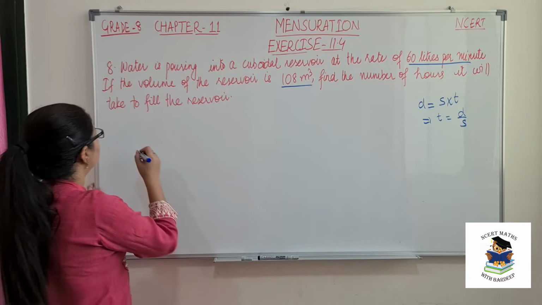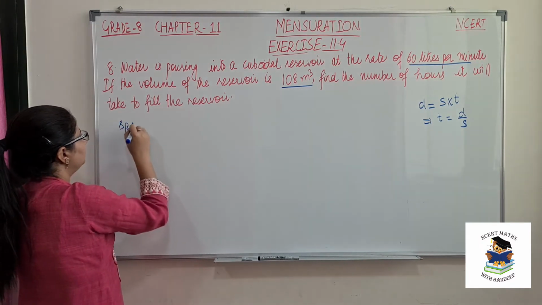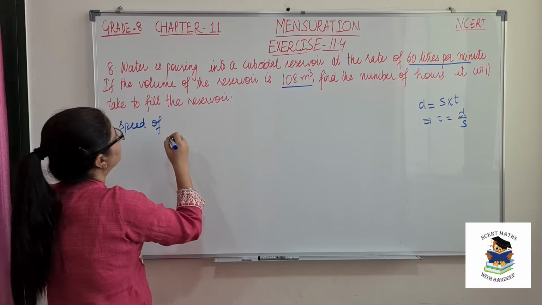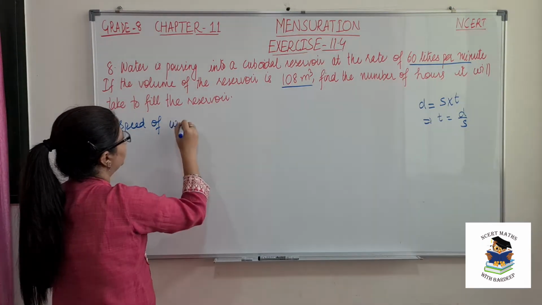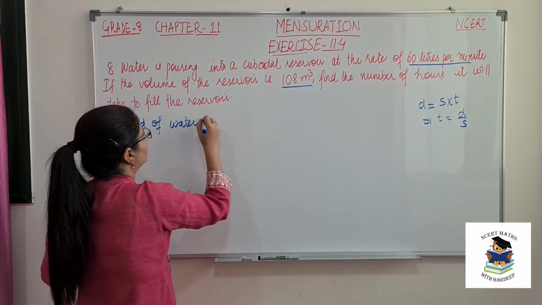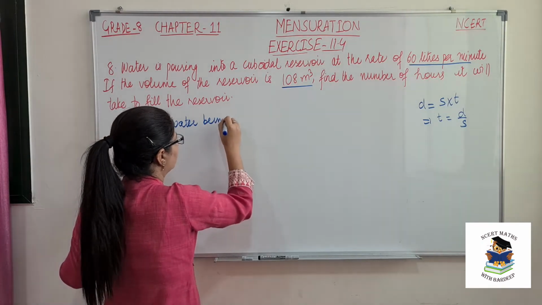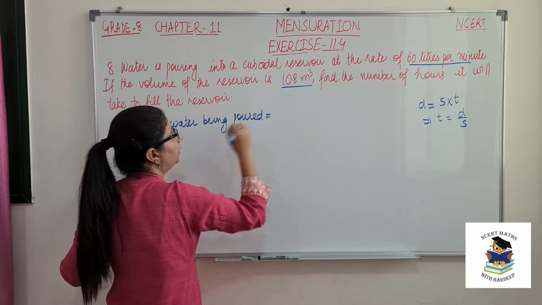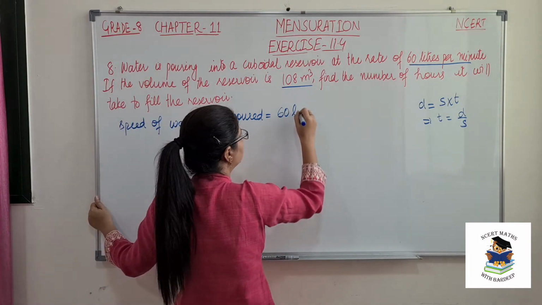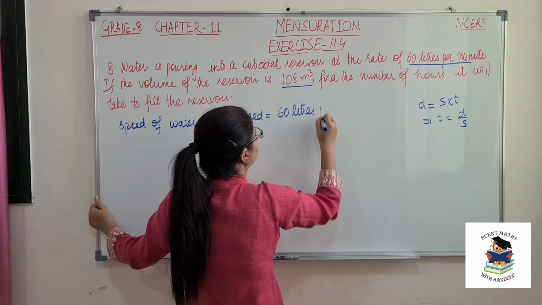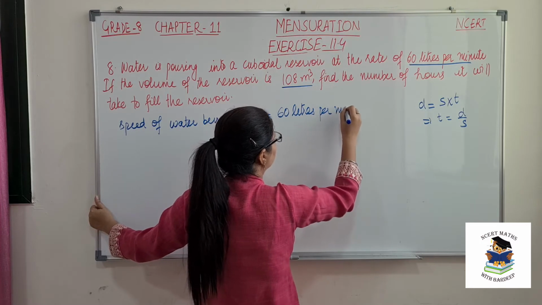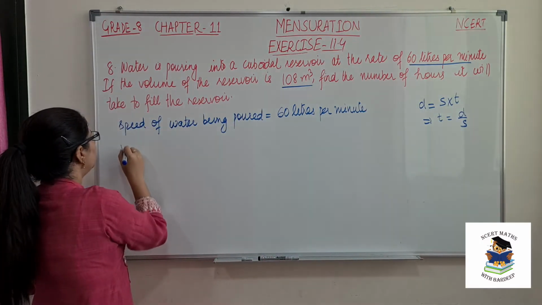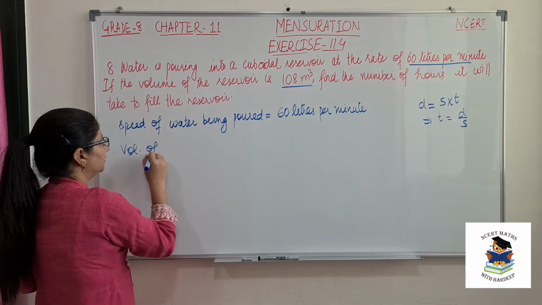So let's write it first. Speed of the water pouring, how much? This is 60 liters per minute. Okay, and what is volume of tank?